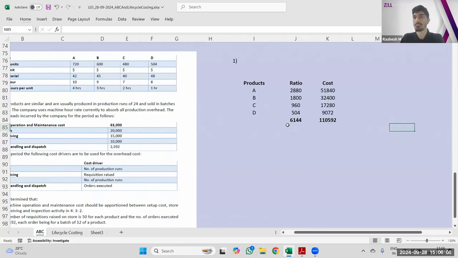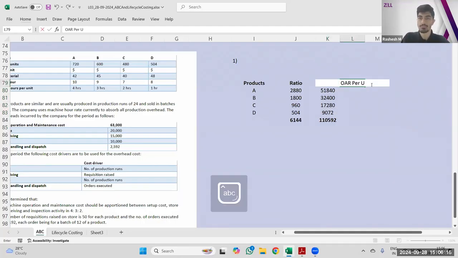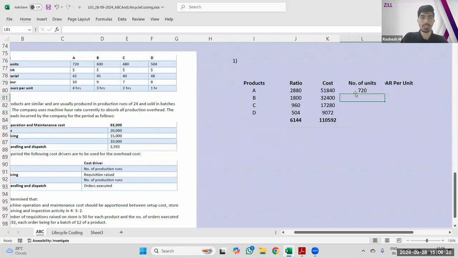And now I simply need to do this. This is my total cost for the full production of A, B, C, and D. So my OAR per unit simply comes to, I need to divide it by my number of units as we've done it before. So number of units are 720, 600, 480, and 504.